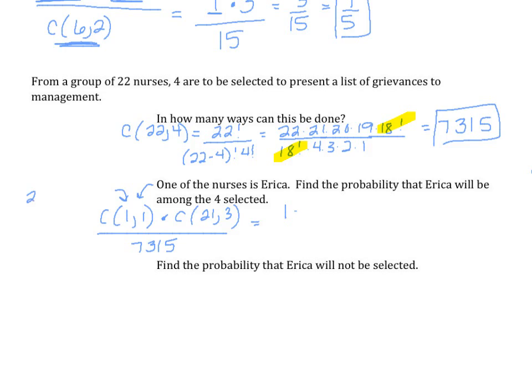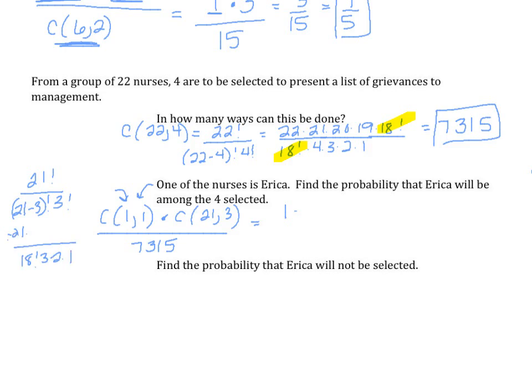So that would be 21 factorial over 21 minus 3 factorial, 3 factorial. 21 minus 3 is 18 factorial times 3 times 2 times 1.